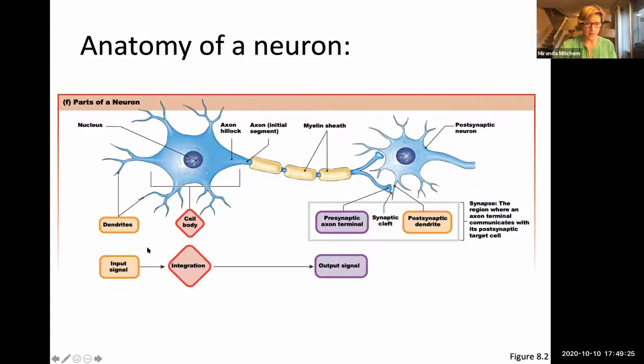So we've got our input, we've got our integration, and then our output. So we've been talking about the afferent, the stimulus through the afferent to the integrating center, out through the efferent to the response, as a reflex through the body involving the nervous system. But we can even apply that right here to the neuron itself.